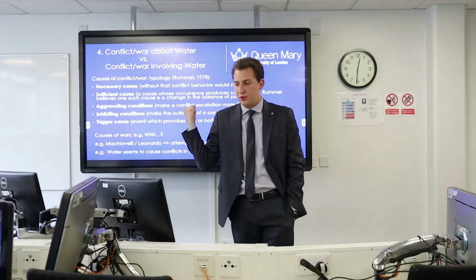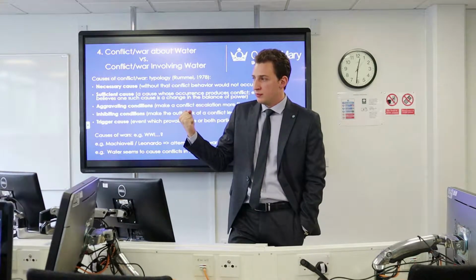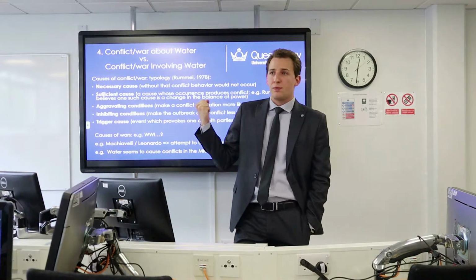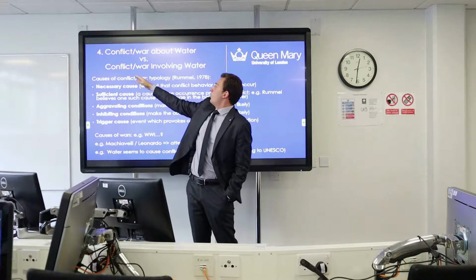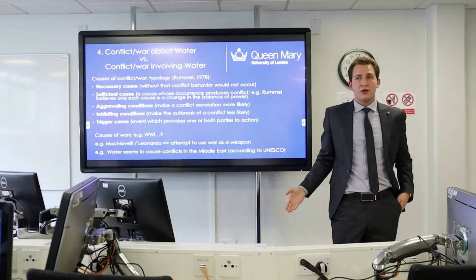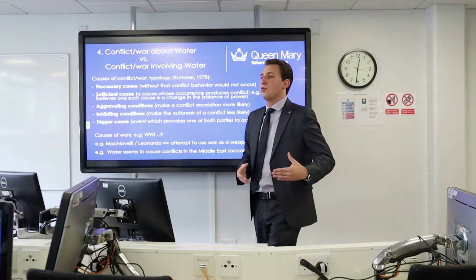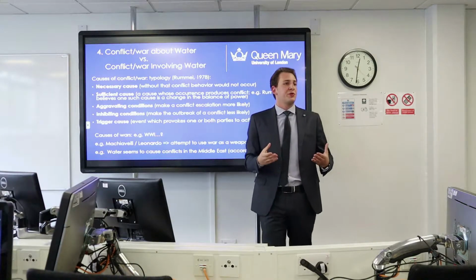These are states or communities fighting for the water in some form, or because of the water, versus conflicts or wars involving water. So water is an element of the conflict or the war, but this is not why we're fighting, and this is definitely not the central thing.